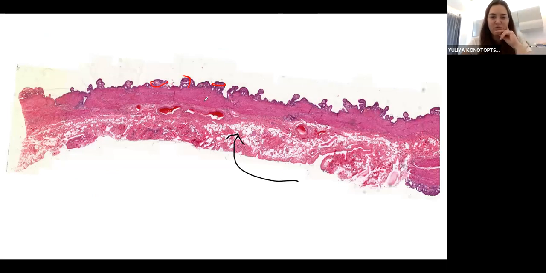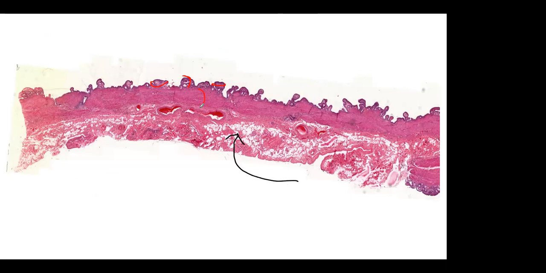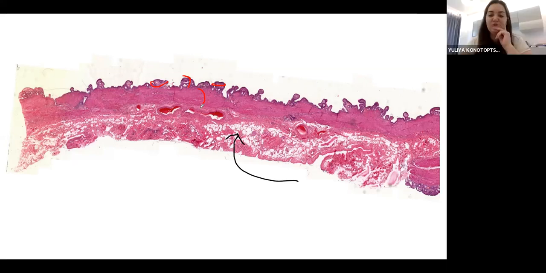What is this layer going to be? Muscularis externa, very good. So this layer is muscularis externa. Don't forget, there is no muscularis mucosa, there is no submucosa. So the next layer is muscularis externa.